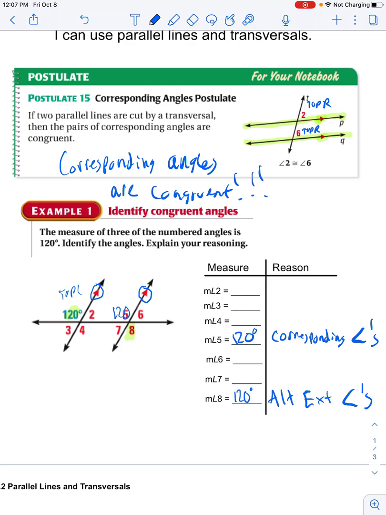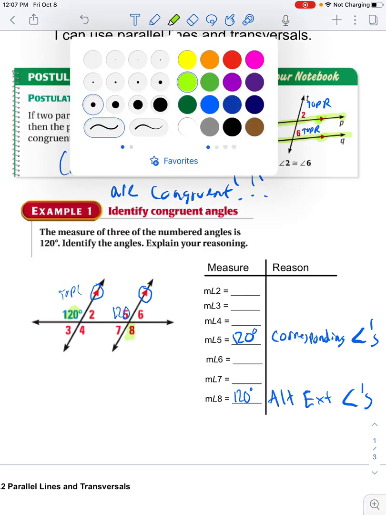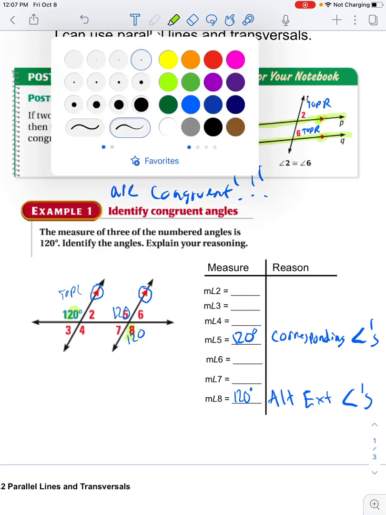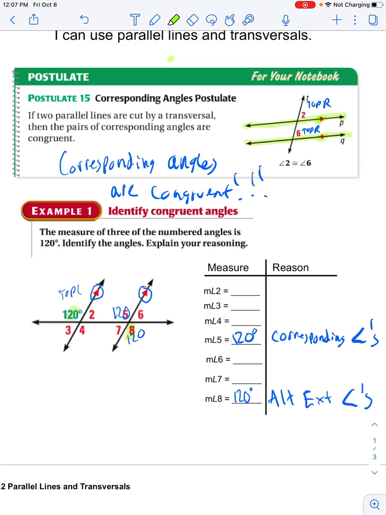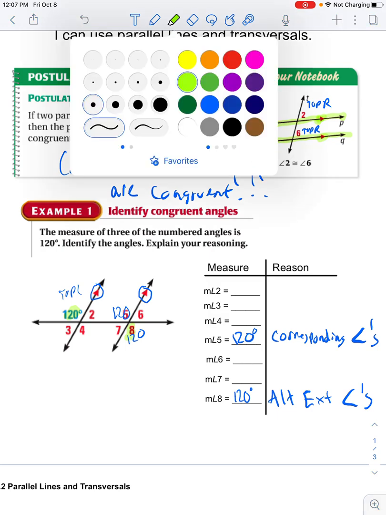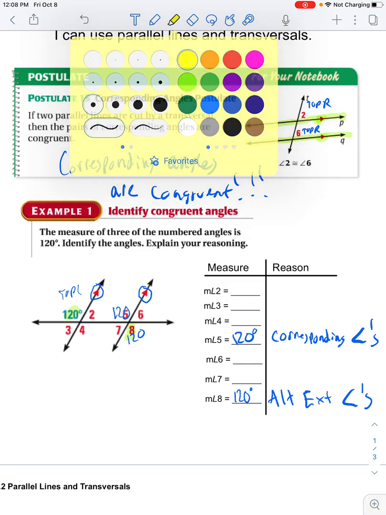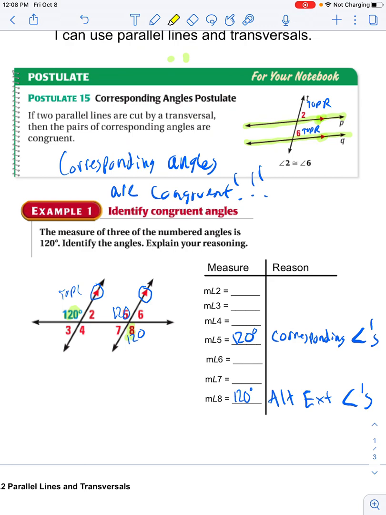Now, there's a couple ways we can go about it. Let's always recommend students fill in what they know. Okay, write it in on your diagram. So right here, I've got top left on one side of my transversal, bottom right on the other side of my transversal.